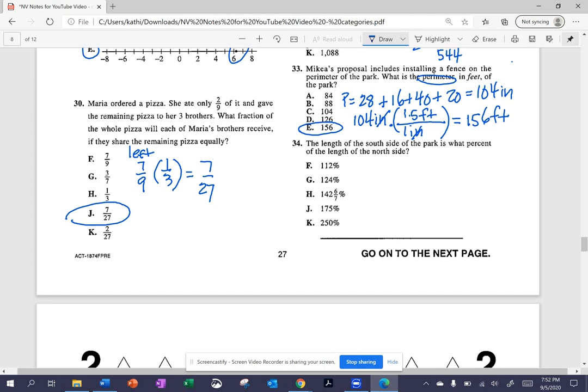So I am to find the south compared to the north. So south is 40, the north is 28, which is 1.428 as a decimal. To change it to a percent, this is going to be 142.8%.